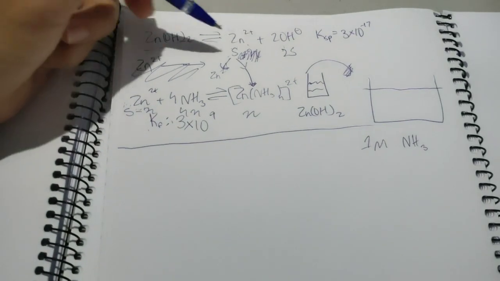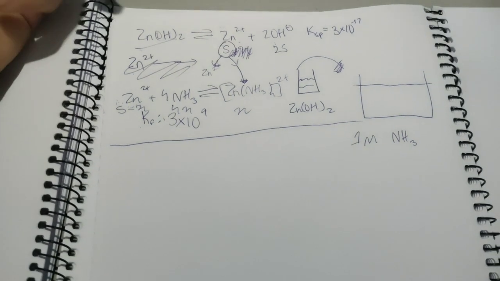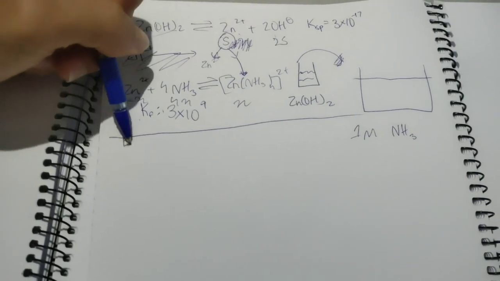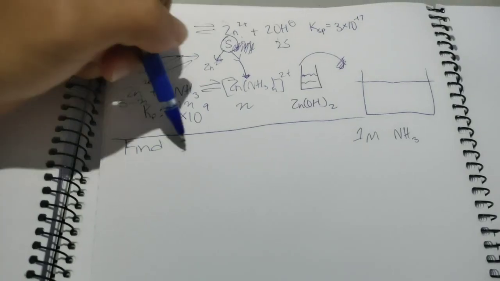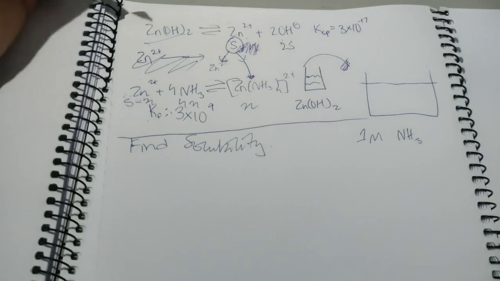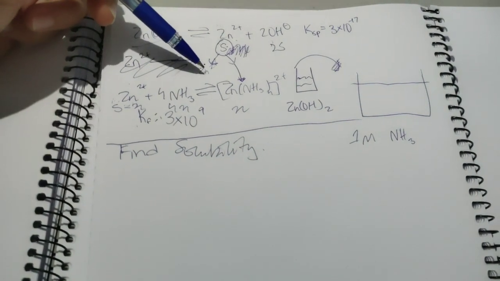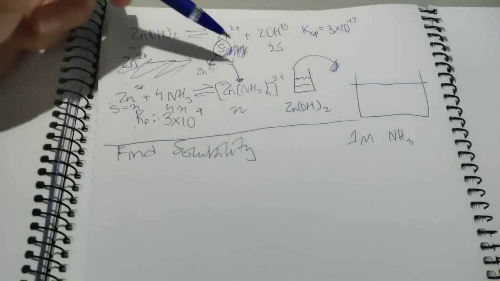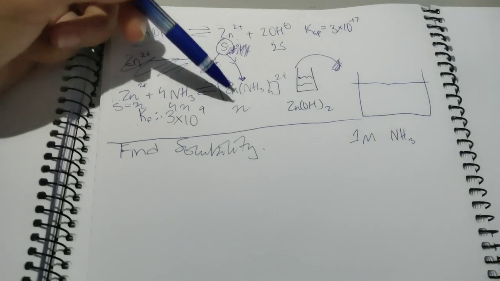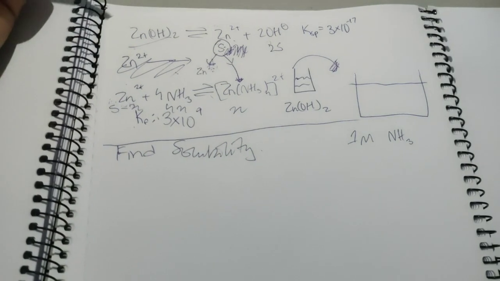Essentially, you want to find this S, the solubility. So let's break the question into finding the Zn2+ concentration and the complex concentration, and you add both of them to get S.